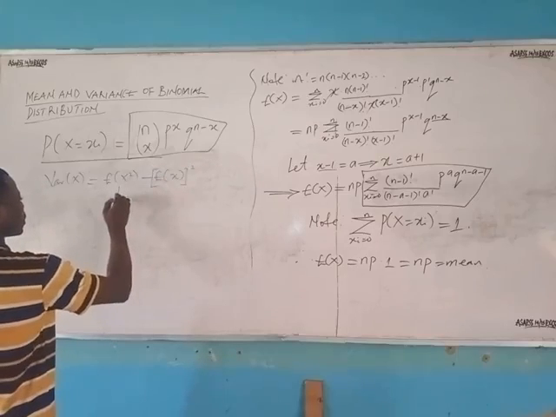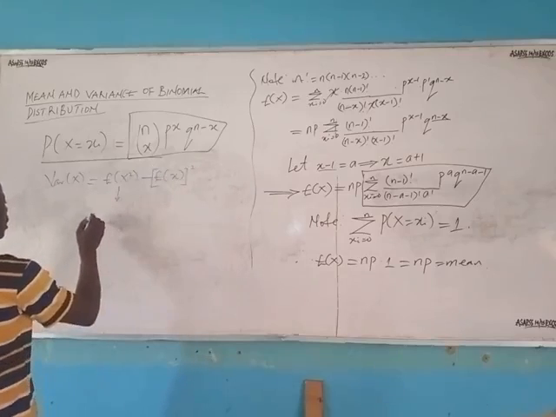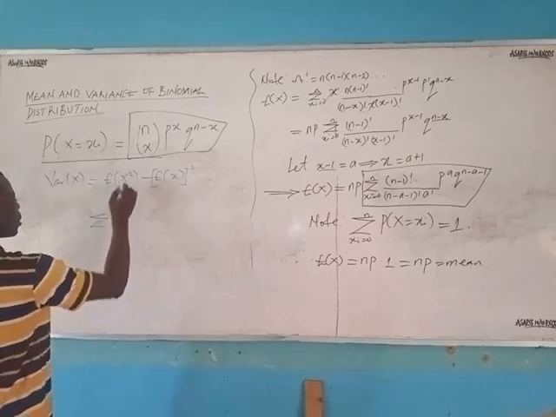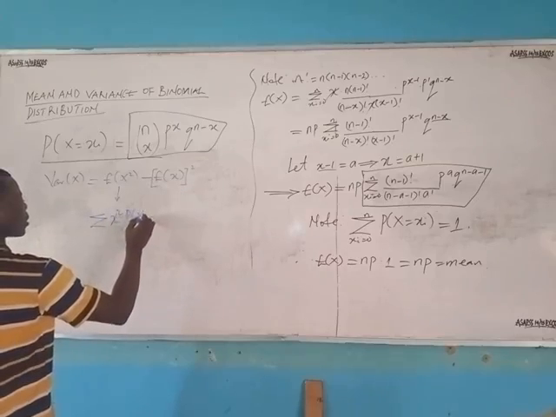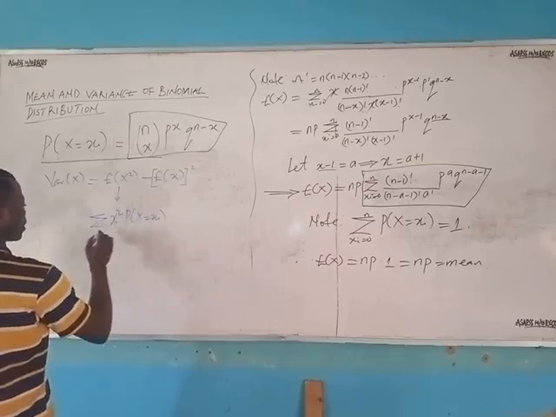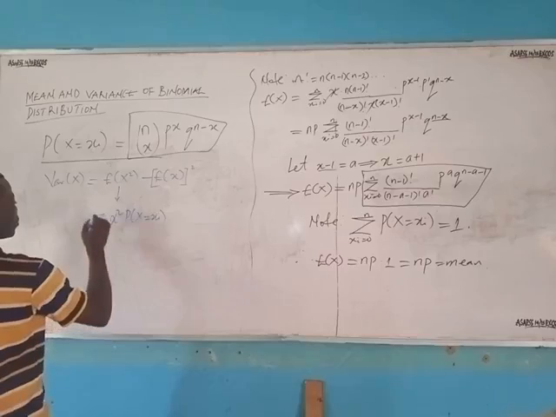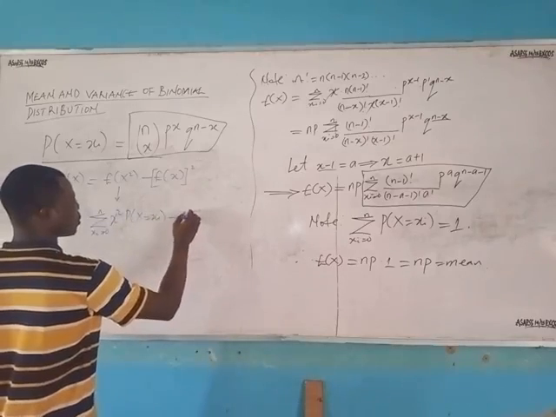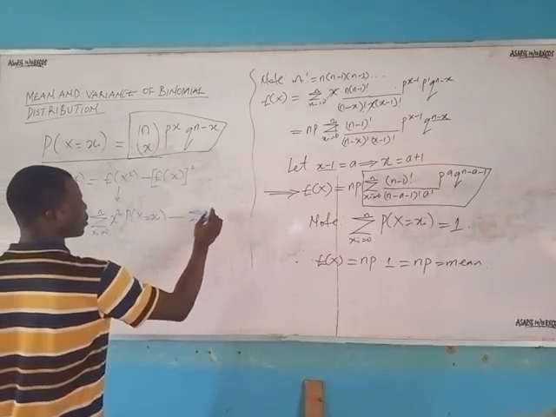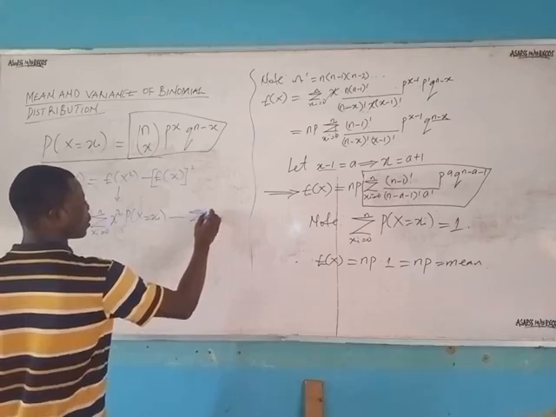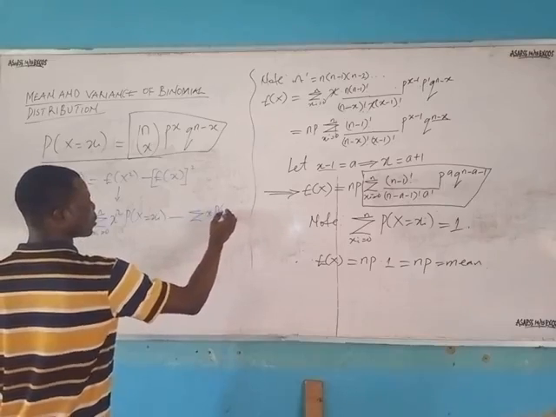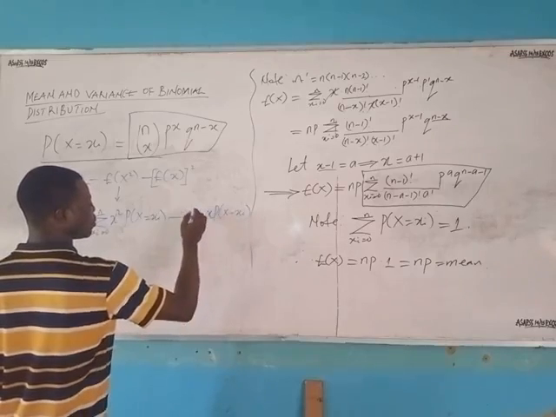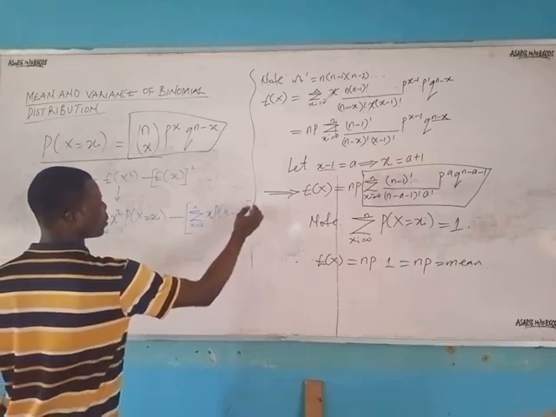Meanwhile, this can also be expressed as summation x squared p of x equal to xi, xi is from 0 to n, then minus summation x p of x equal to xi, xi from 0 to n, all squared.